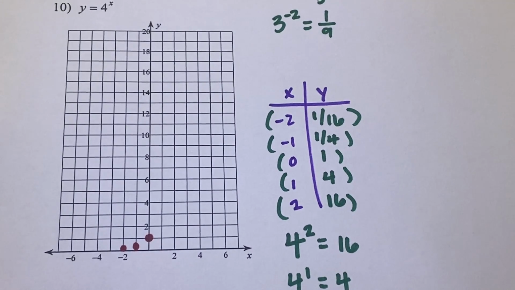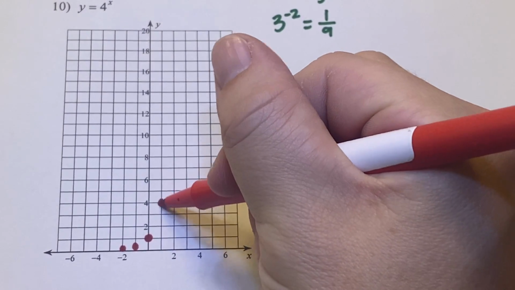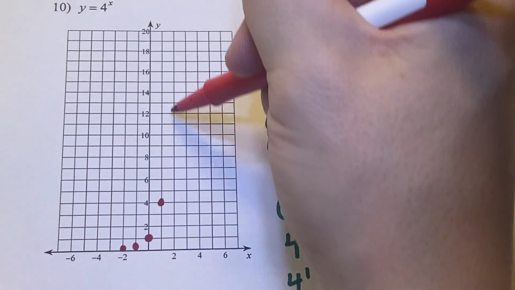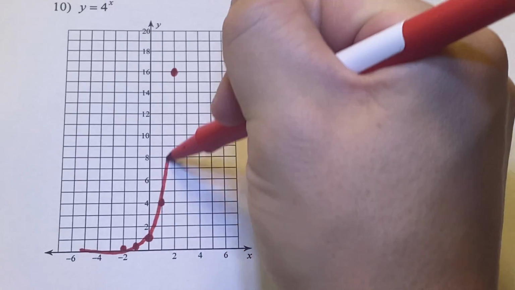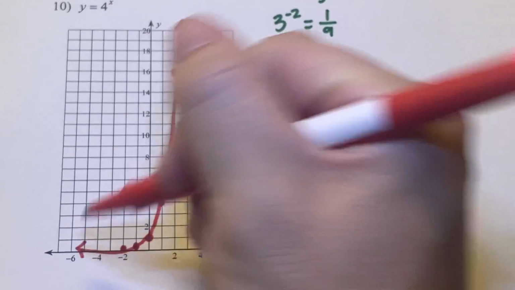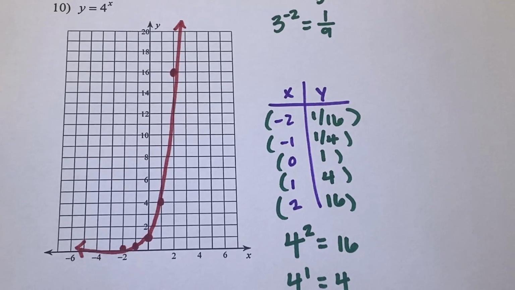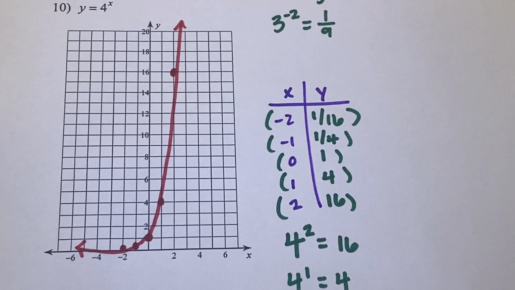That was always a coordinate point. Then we have 1 up to 4, 2, all the way up to 16. So this one really shows us how this gets really tall really fast.